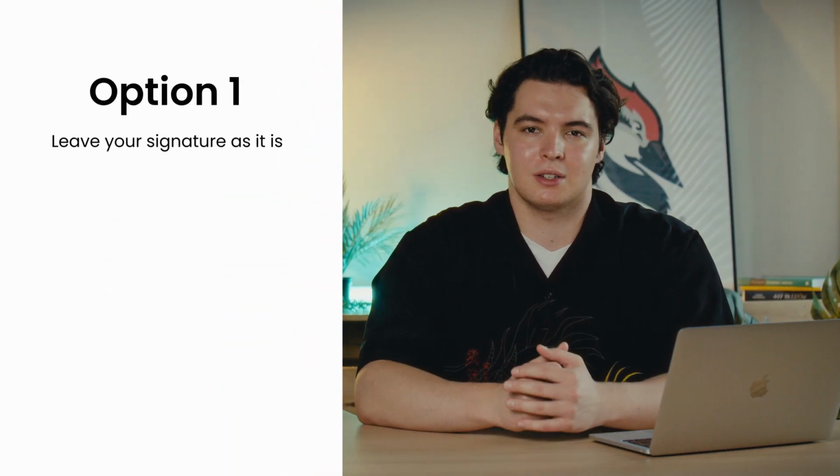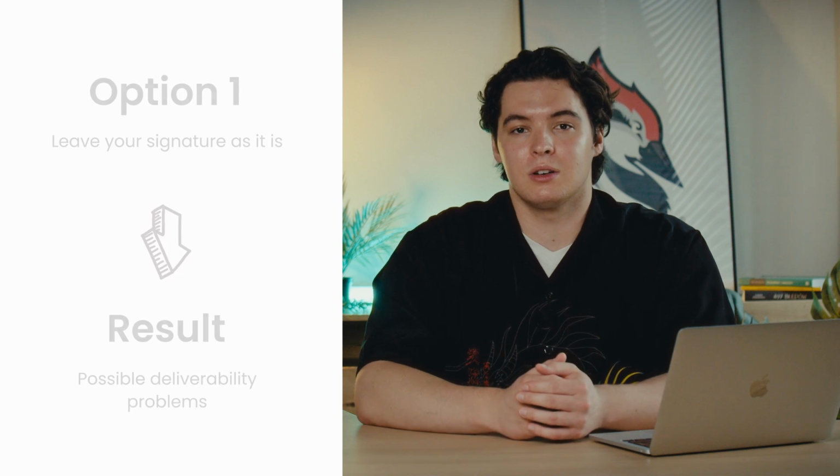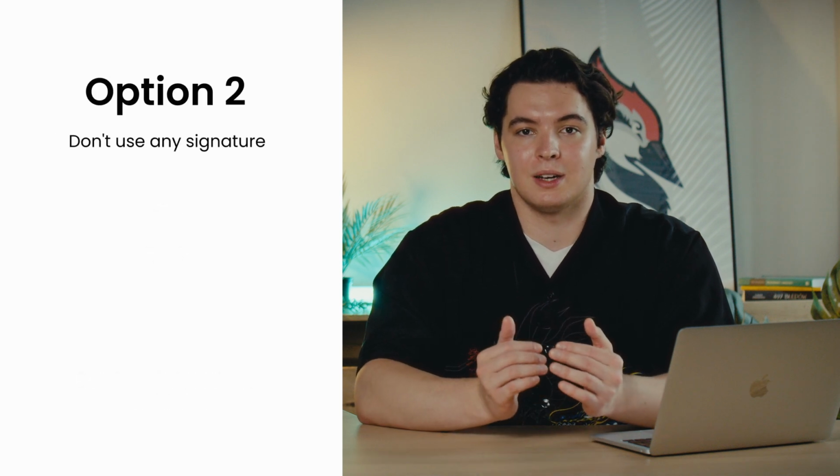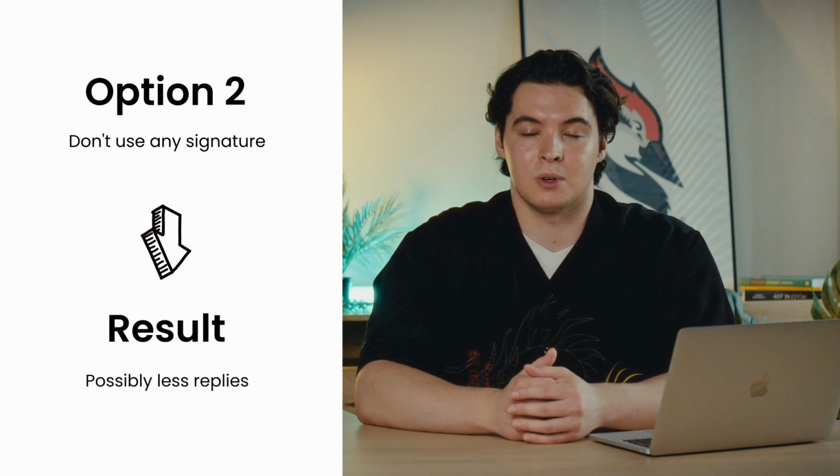Of course, as with any shortcut, you can take the long way around, which in this case means either leaving your signature untouched, which can actually lower your deliverability, or not using any signature at all, which on the other hand can make it less likely for prospects to reply to you, as you lose probably the most personal aspect of an email, right? So if you still want the best deliverability in the whole wide world, you have to go inside the signature cave.